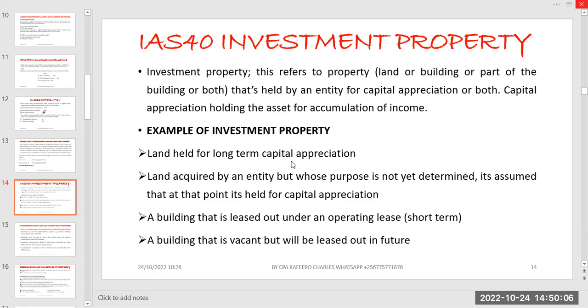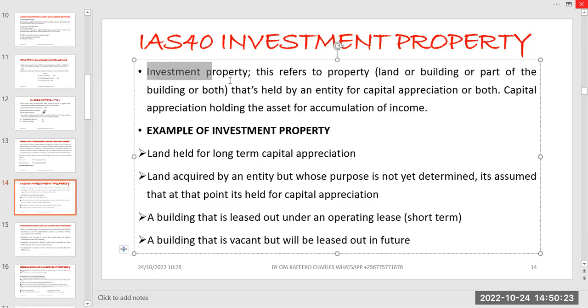So when you're looking at IAS 40 investment property, first of all we have to determine what is investment property, the definition. Having known that, we can talk about the recognition criteria.